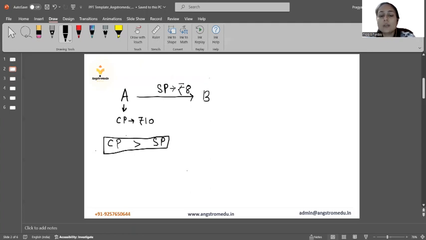So we can conclude that the person is not gaining something, he's losing something, all right? So what does this loss mean? Loss is basically the condition where the cost price exceeds the selling price.